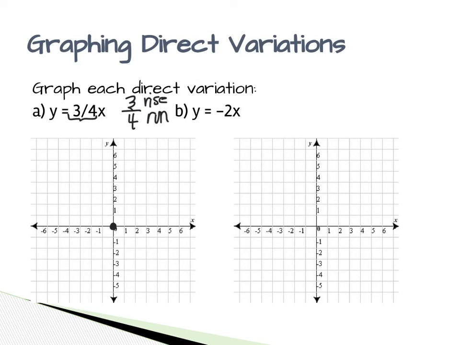So up 1, 2, 3 over 4. Put a point there. Again, up from here, 1, 2, 3 over 4, and a point goes out here. Then I'm going to have to stop because I have run out of room. And then you draw your line.